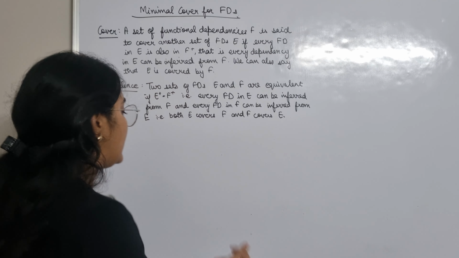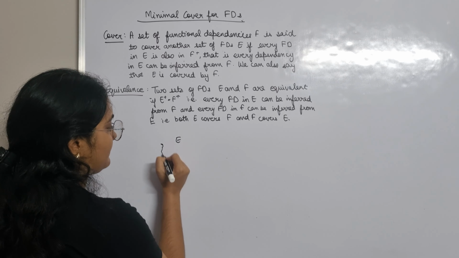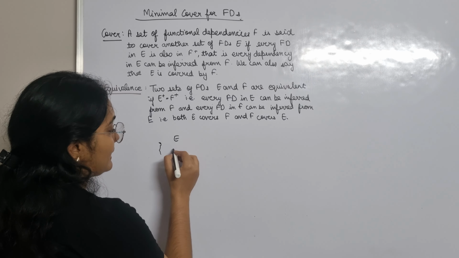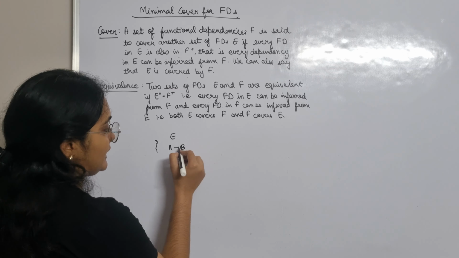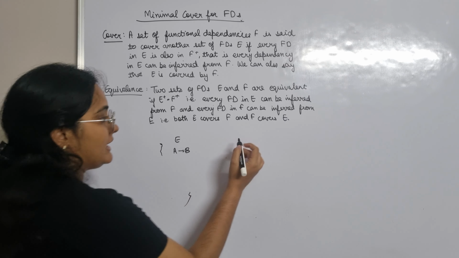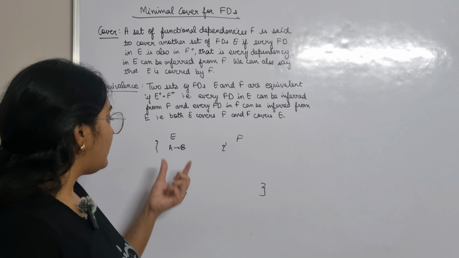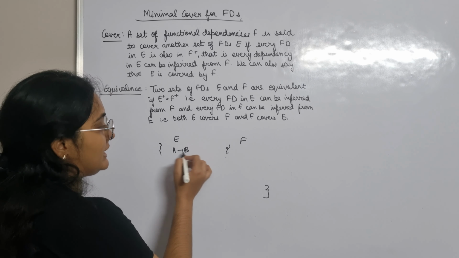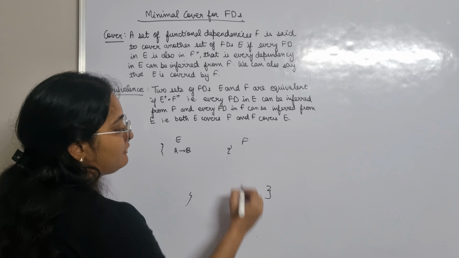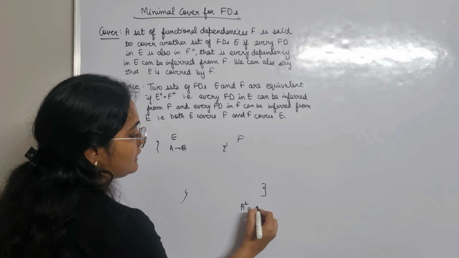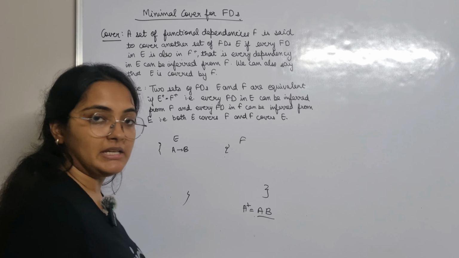What does it mean? Let's say E is a set of functional dependencies, and let's say amongst all the dependencies that hold in E, A determines B is also in E, right? So if A determines B is in E, then in F plus also, if you determine A plus, the closure of A should also be able to give B, right?